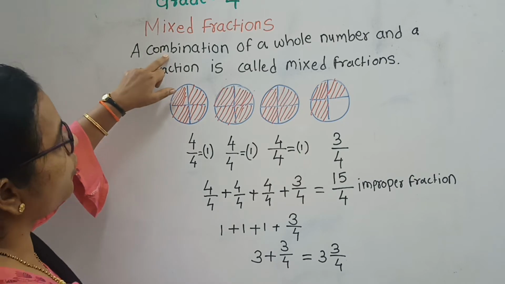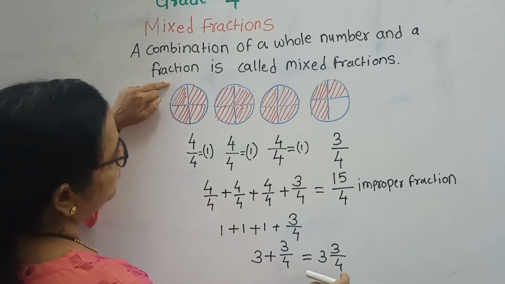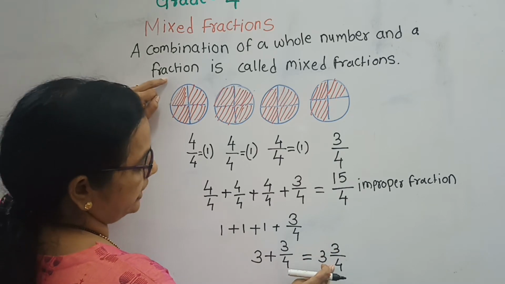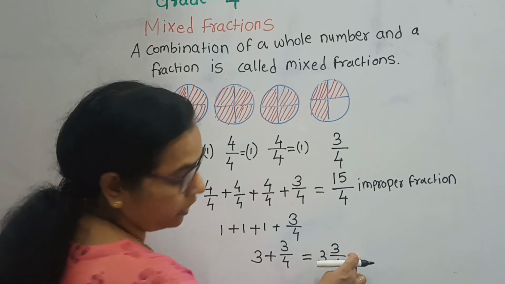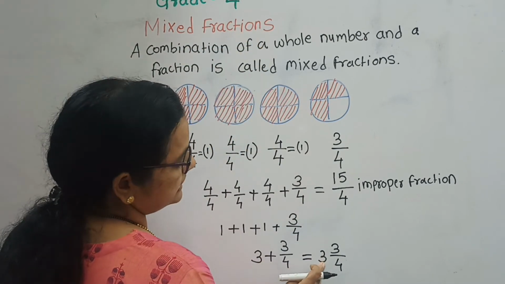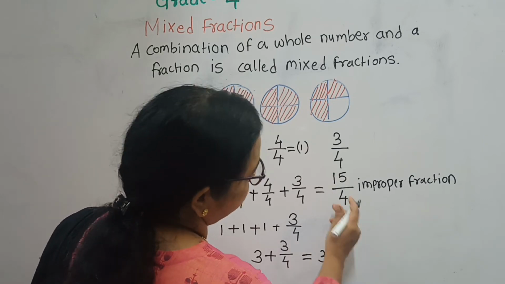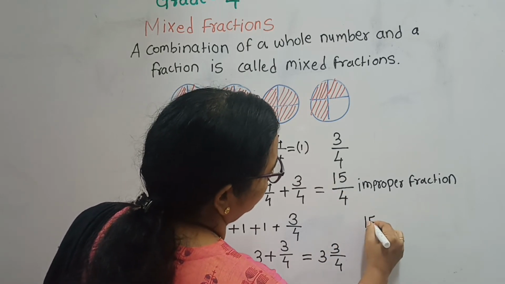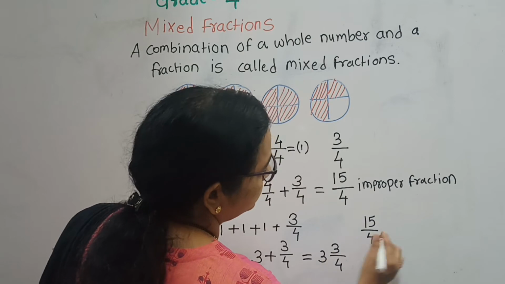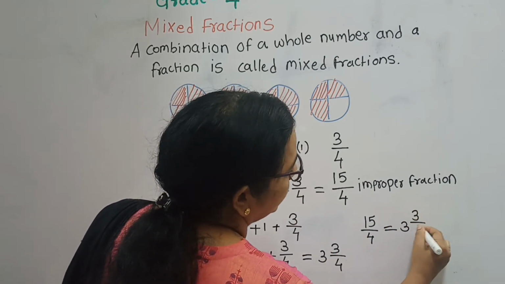A combination of a whole number and a fraction, where 3/4 is the fraction, is called a mixed fraction. And here 15/4 is equal to 3 and 3/4.